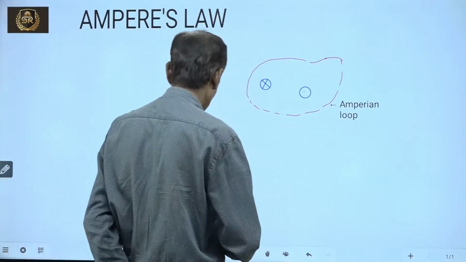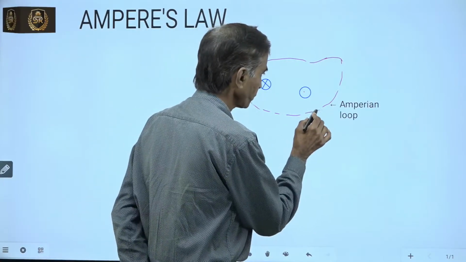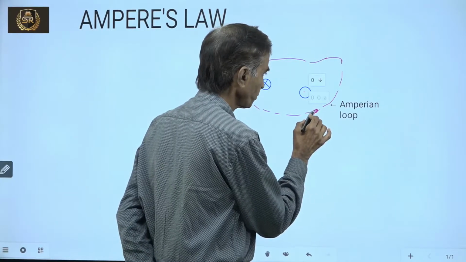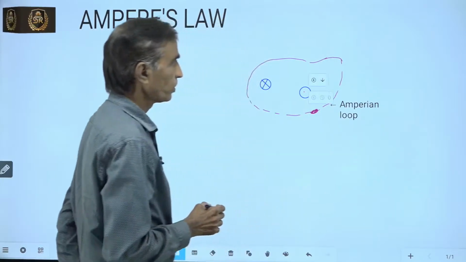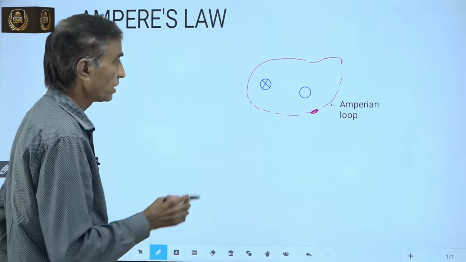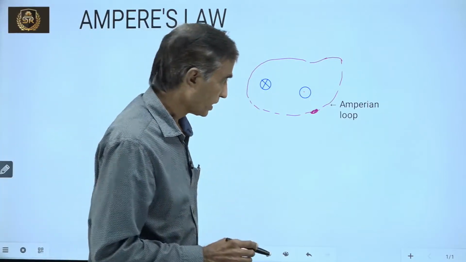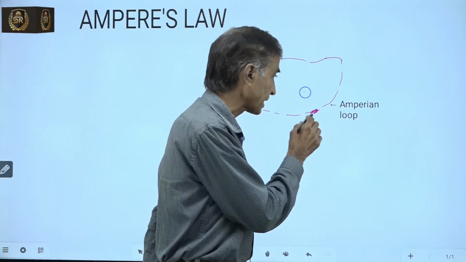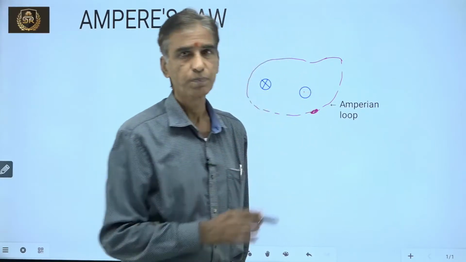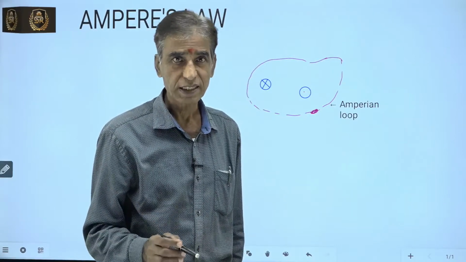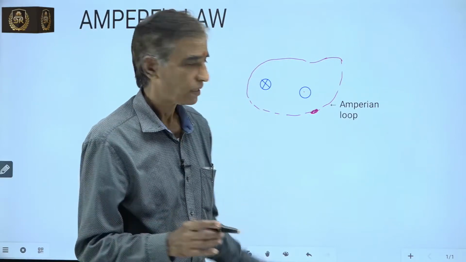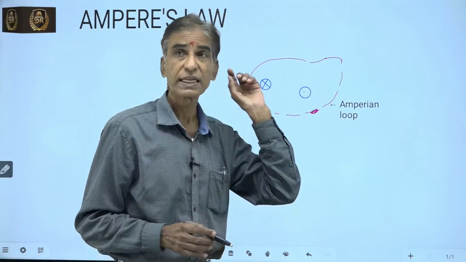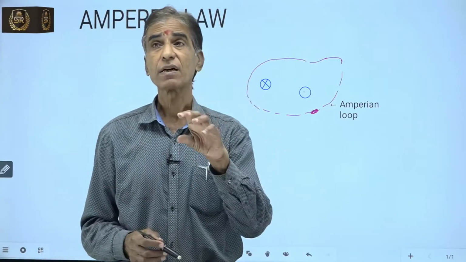Once we take that element, we find the magnetic induction due to this loop. After that we integrate around this closed loop. That is called the line integral.